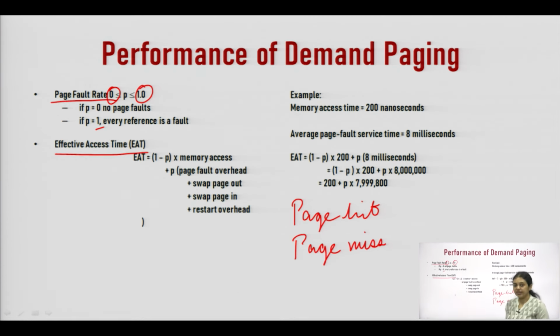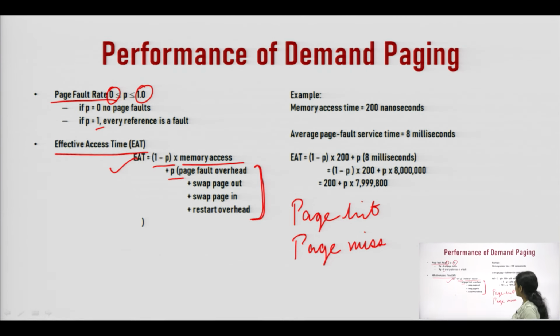The formula is very simple: (1 minus P) into memory access time plus P into the average page fault service time. Average page fault service time means the time taken for a page to swap in, to swap out, to restart the instruction, all the overheads included. By just using this formula we can calculate our effective access time.